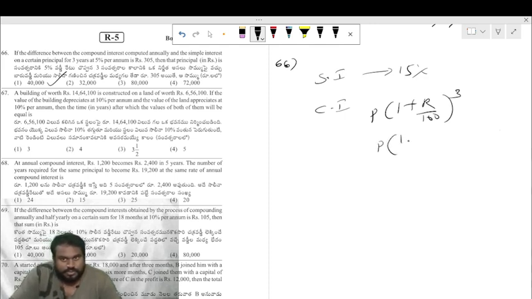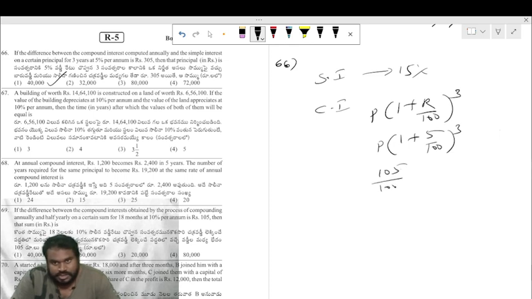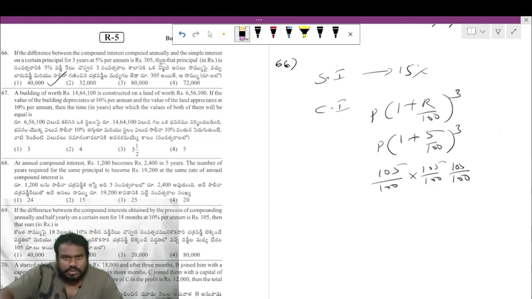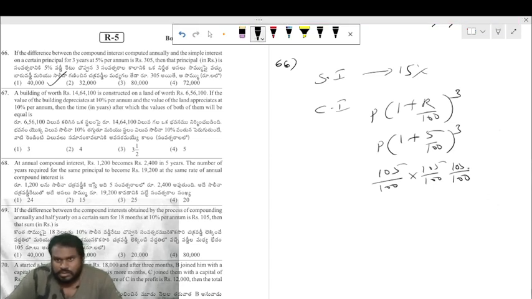So 3 into 1 plus 5 by 100. So it is 105 by 100 times, the whole thing into P. P is anyway visible.